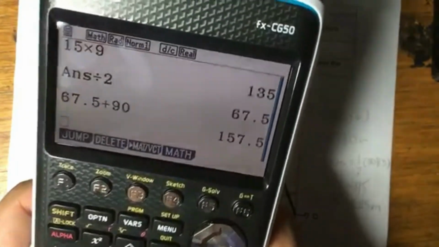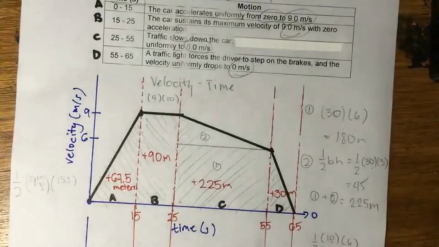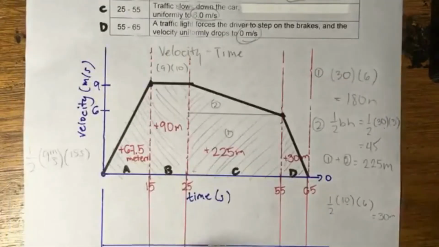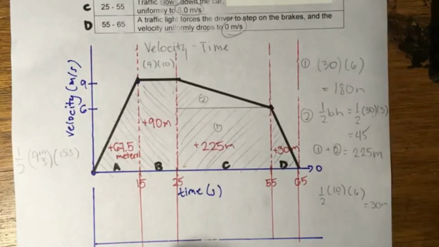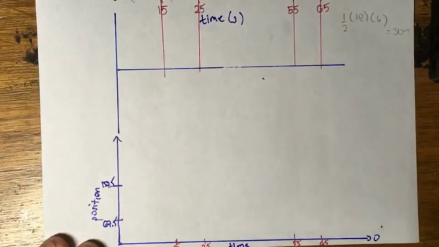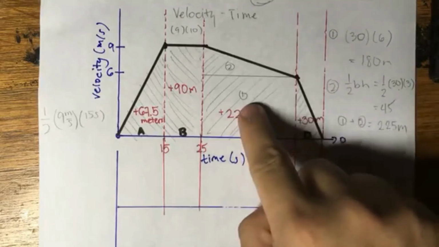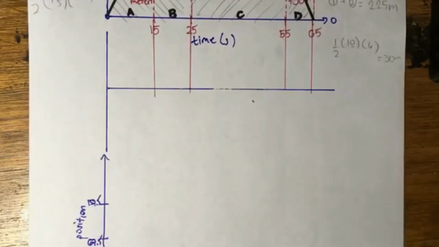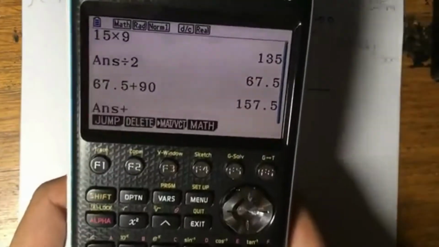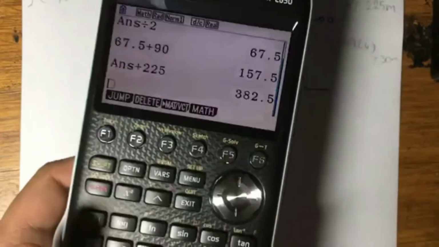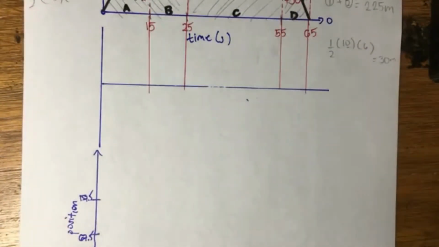This gives me 157.5. What's the next bit that we solved? It's 225. So we add 225 to the 157.5 to get 382.5.